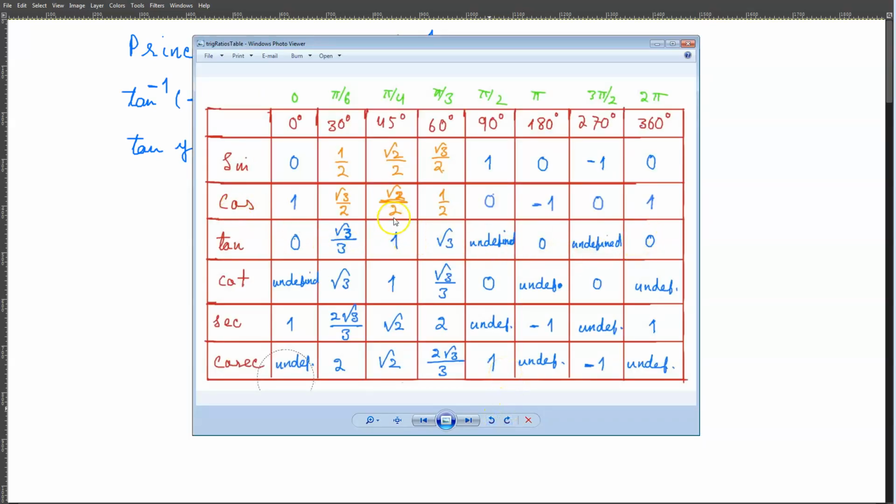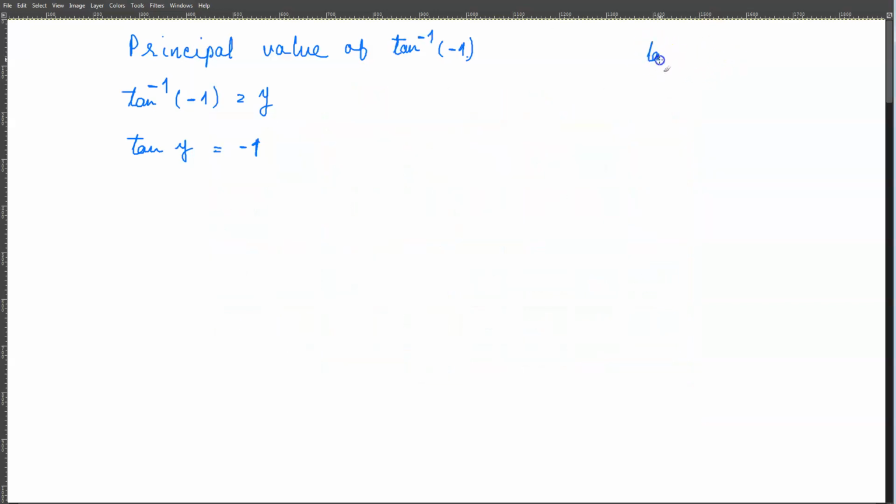You see that tan of 45 degrees is equal to 1. So I know that tan of 45 degrees, which is equal to tan of pi by 4, is equal to 1.